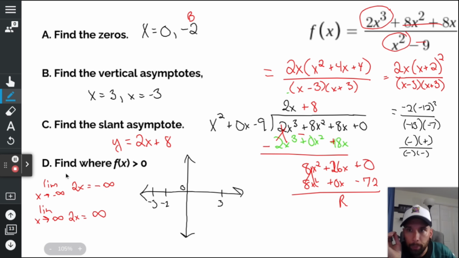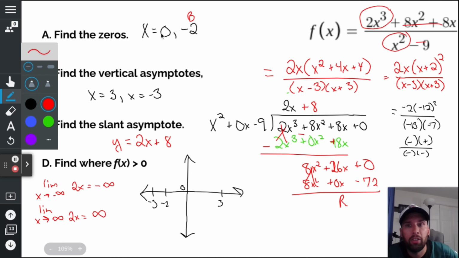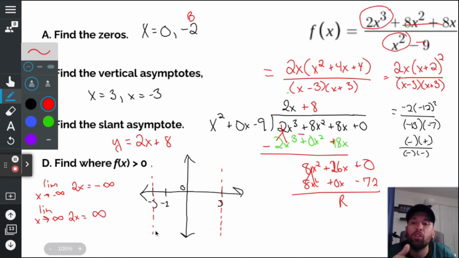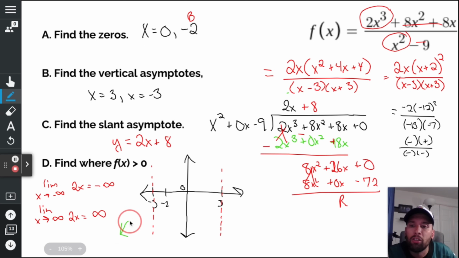My zeros are at -2 and 0, so nothing crosses the x-axis except at those points. -3 and +3 are asymptotes. Since my limit as x approaches -infinity is also -infinity, and I have an asymptote at -3, this guy is going downward.